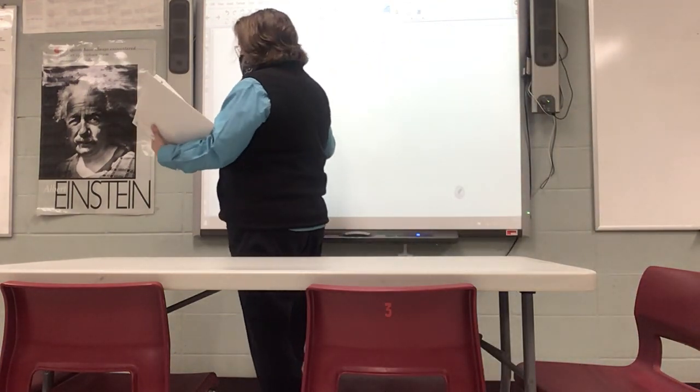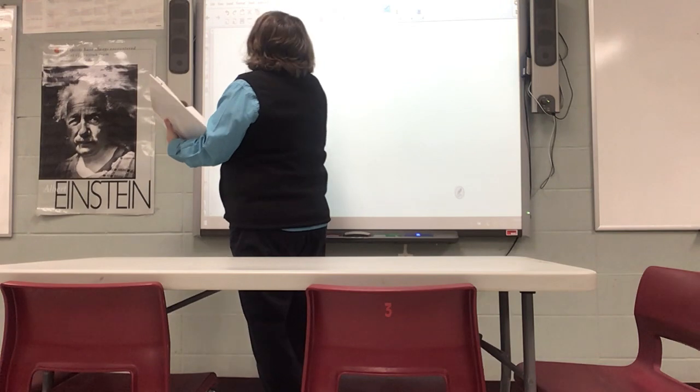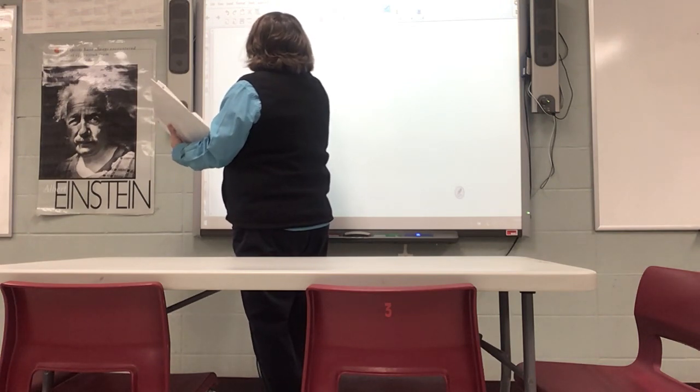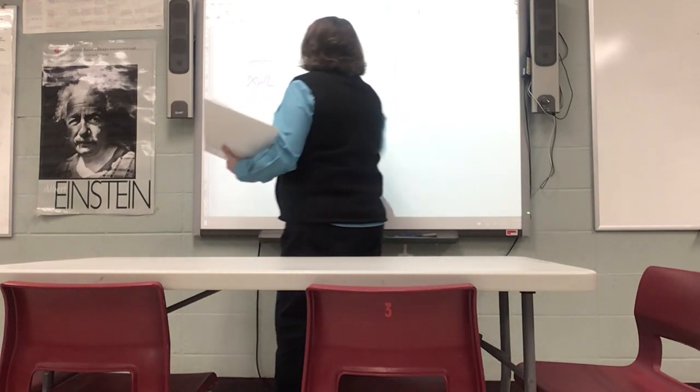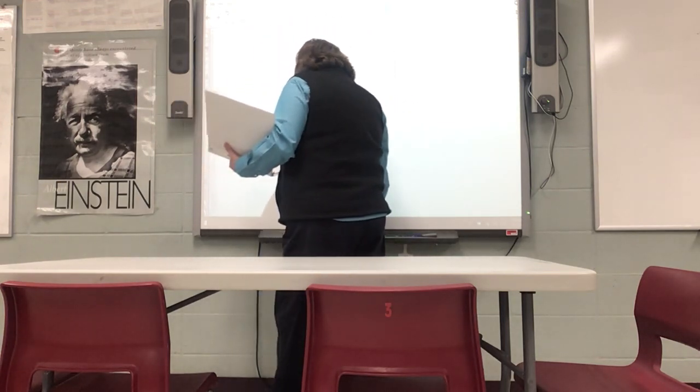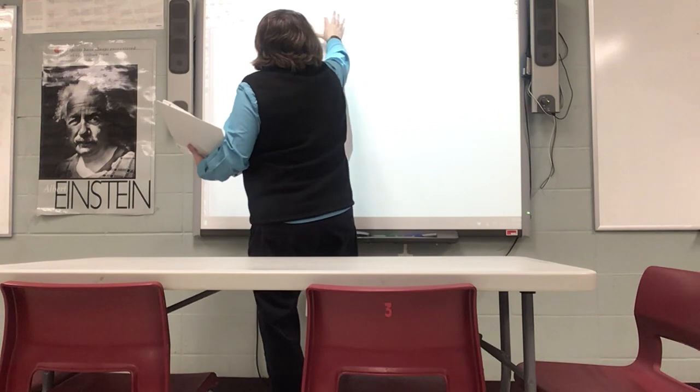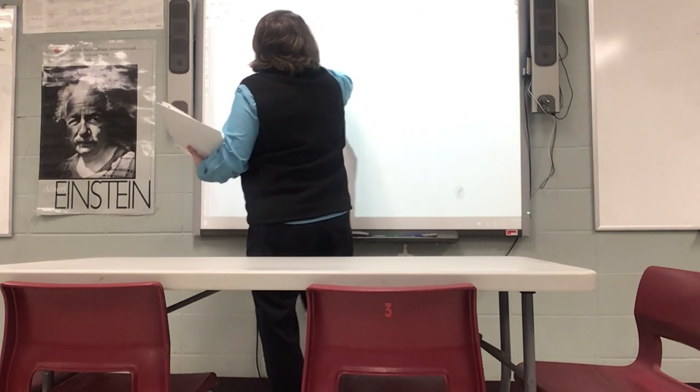Alright, let's see. Let's do 7 over x minus 2, what is wrong with this thing?